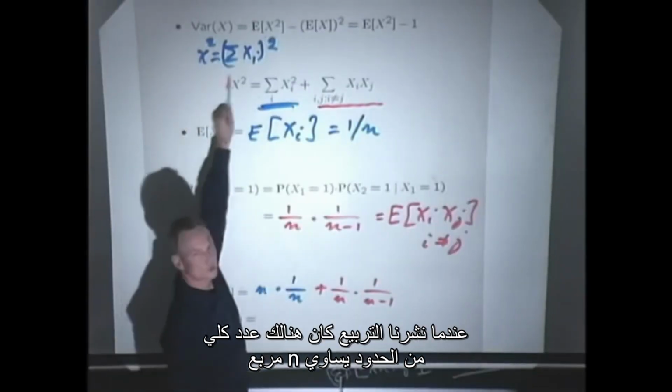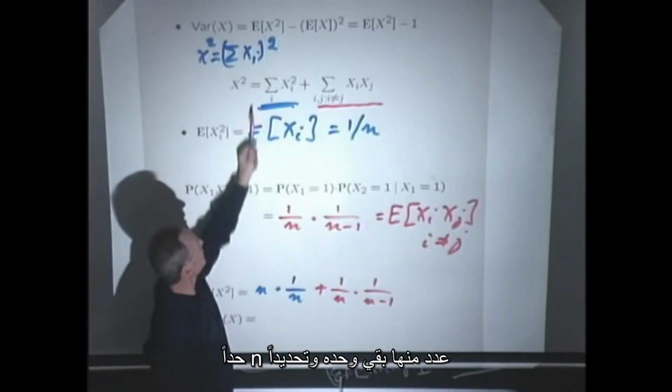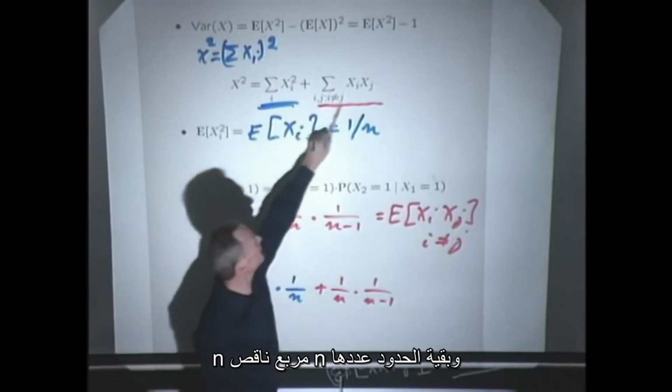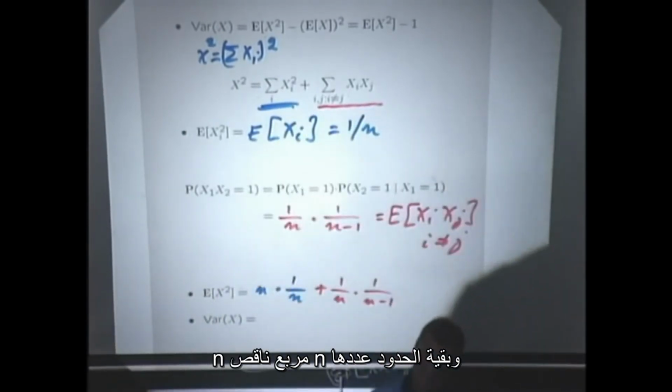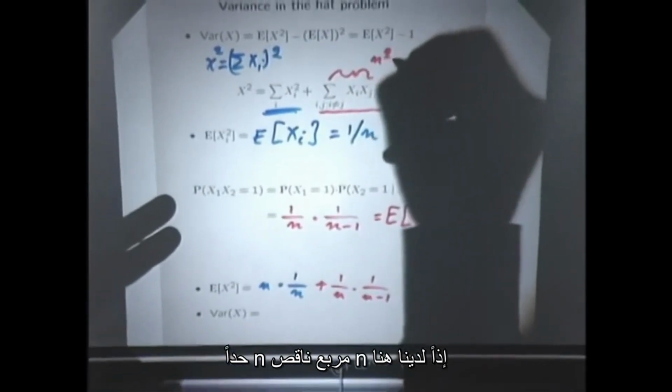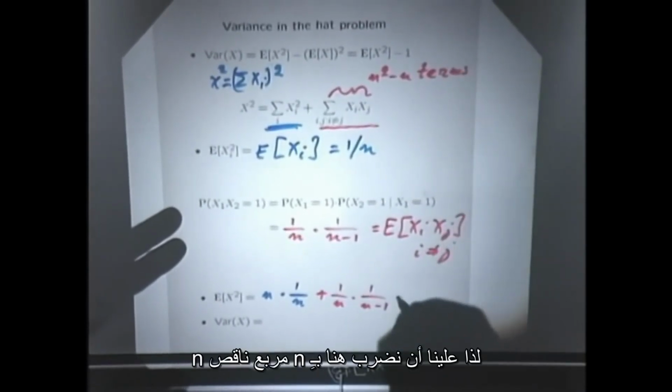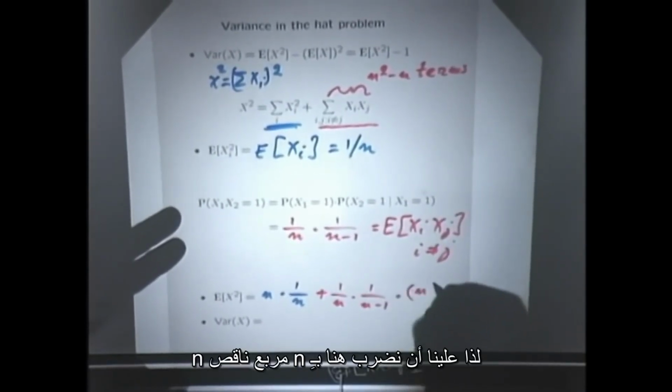When you expand the quadratic, there's a total of n squared terms. Some are self terms, n of them, and the remaining number of terms is n squared minus n. So we need to multiply here with n squared minus n.